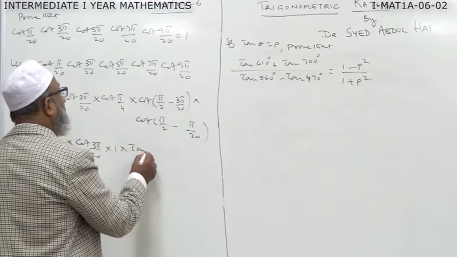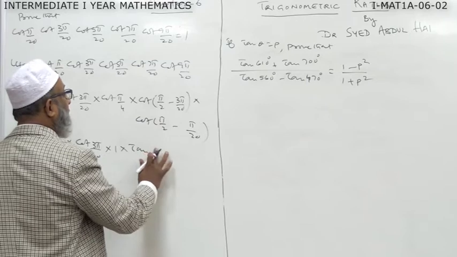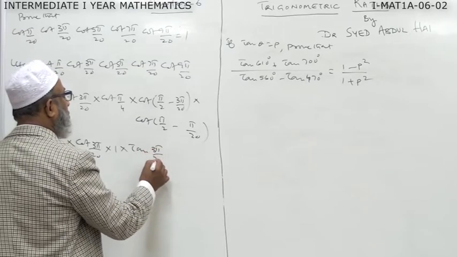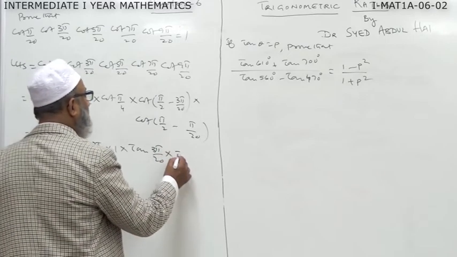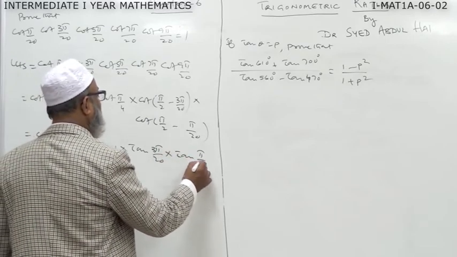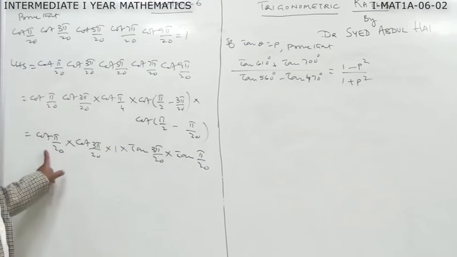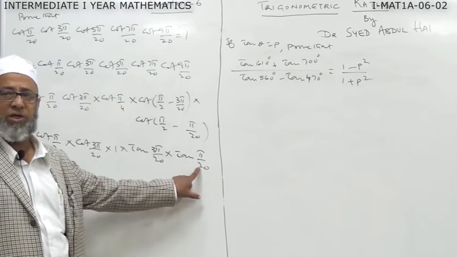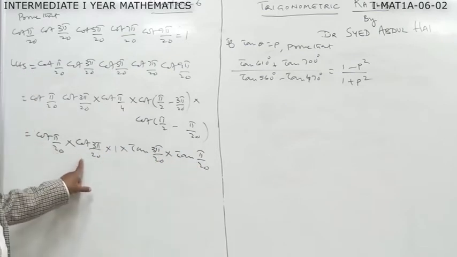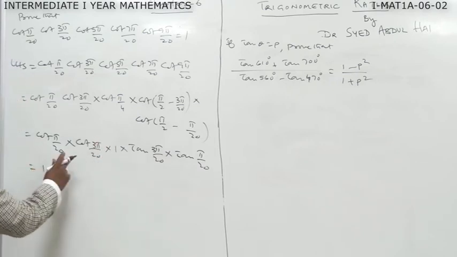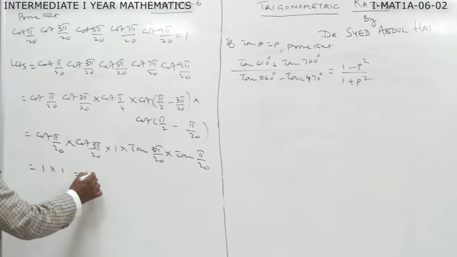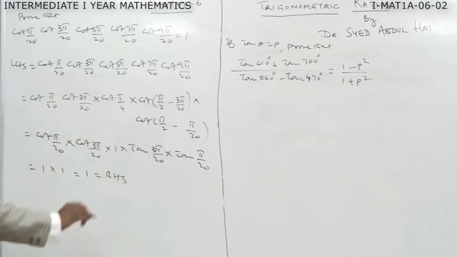Therefore cot becomes tan, that is tan 3 pi by 20, and cot of 90 minus theta is again tan theta, that is tan pi by 20. Now you may see that cot pi by 20 into tan pi by 20 cancel each other, and cot 3 pi by 20 into tan 3 pi by 20 cancel each other. Therefore, the answer is 1 into 1 is equal to 1, which is equal to RHS.